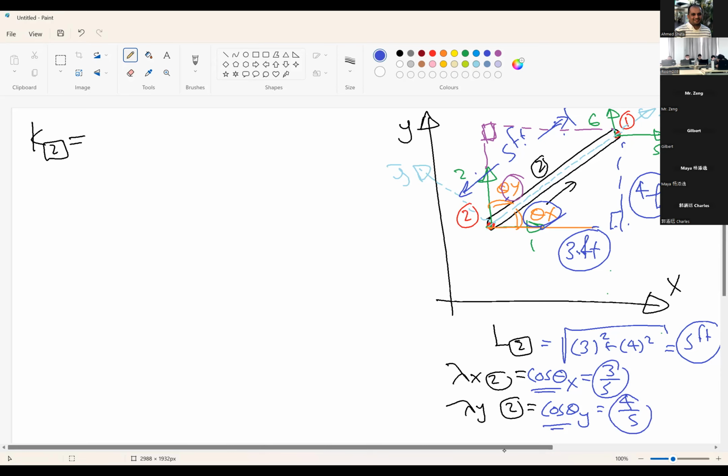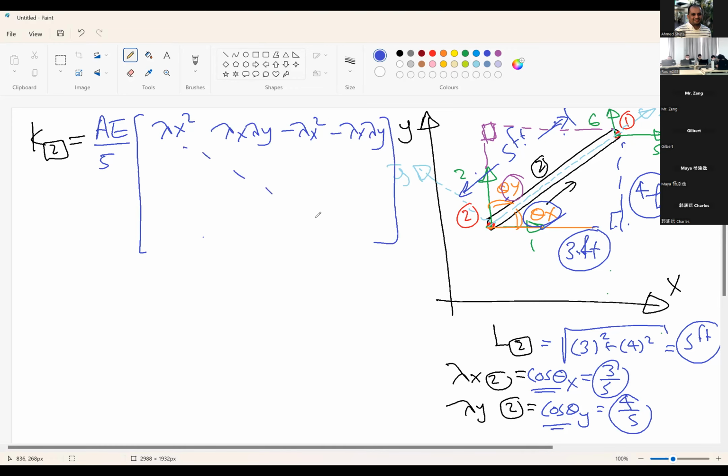So if we revise the equation again, AE over L. What is L? L is 5 feet, times lambda x squared, lambda x lambda y, negative lambda x squared, negative lambda x lambda y. I will write only the top part.